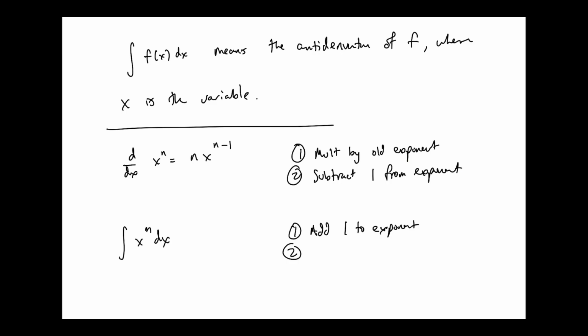Taking it off, which in this case would be divide by the new exponent. So if I add 1 to my exponent and then divide by that new thing, and then of course I've got a plus c. Okay? Does that make sense, the socks and shoes analogy?